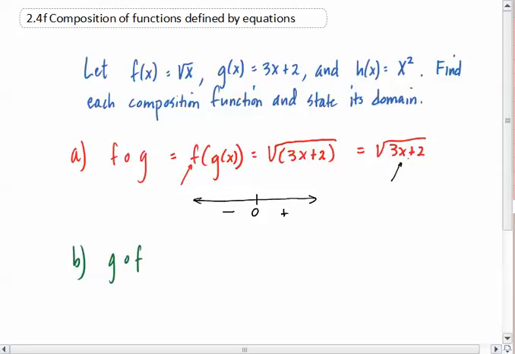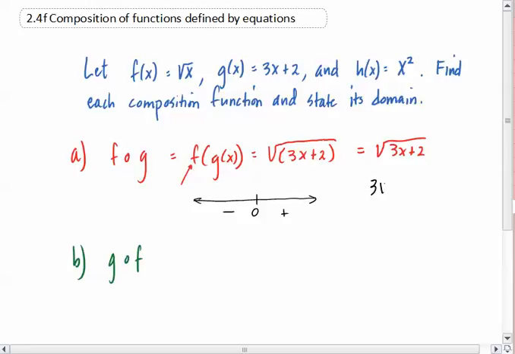Okay, so we can tell that a negative number is going to cause this to be a negative, and then the square root of a negative is not a real number. So let's take a look at what number would be the dividing line between the negative and positive under that radical.